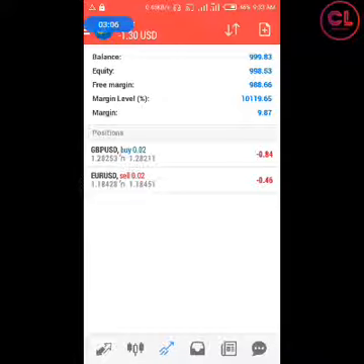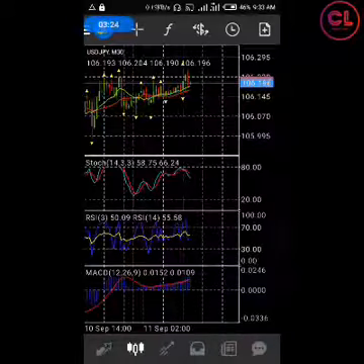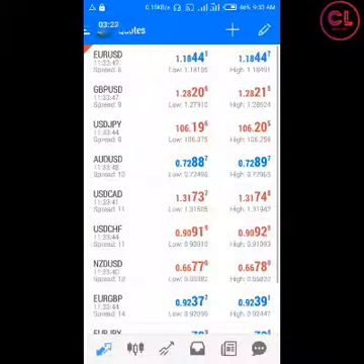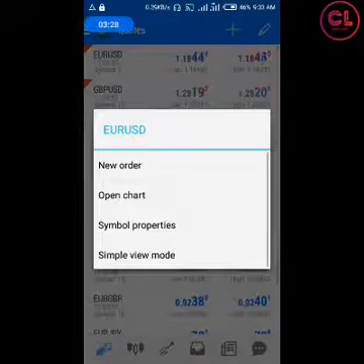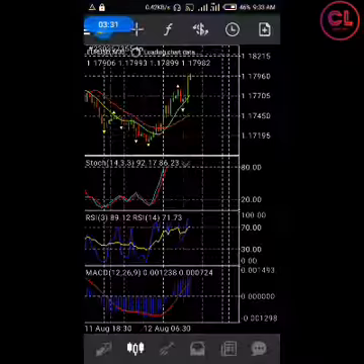And the next thing I'm going to show you is, now as you have set the stop loss and take profit, if you want, you can stay online and monitor the markets. Let me go to the charts. Euro USD, then you open the charts.